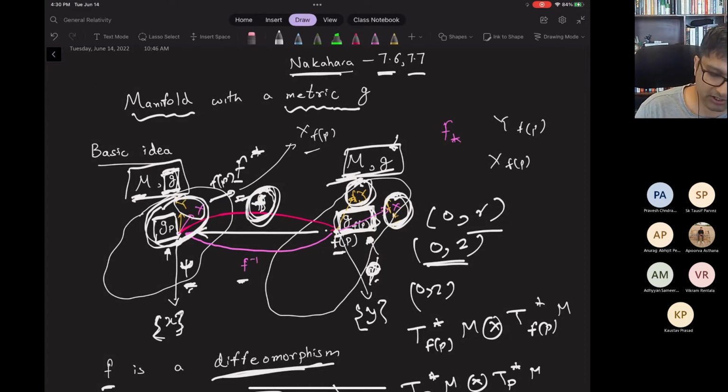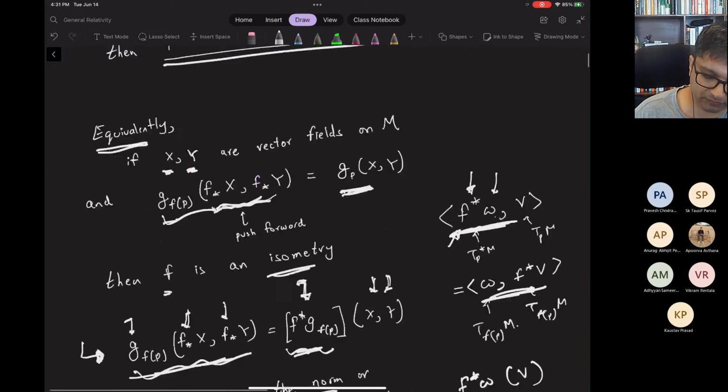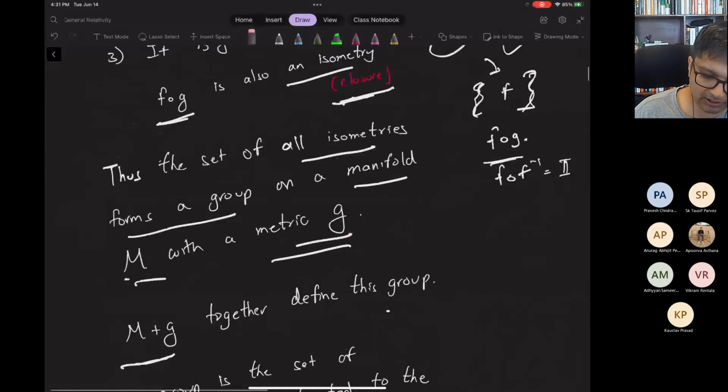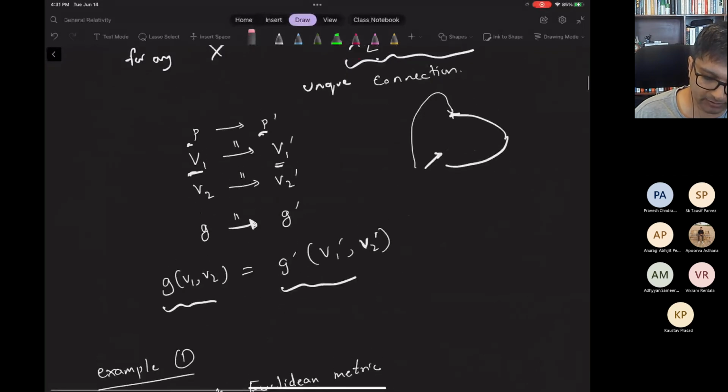Just given the existence of such a smooth map, there exists a unique pullback for the metric G. So there's no dependence on how I arrived at this final manifold, so there's no path dependence of this sort of diffeomorphism. So these two things are in general not going to be the same.